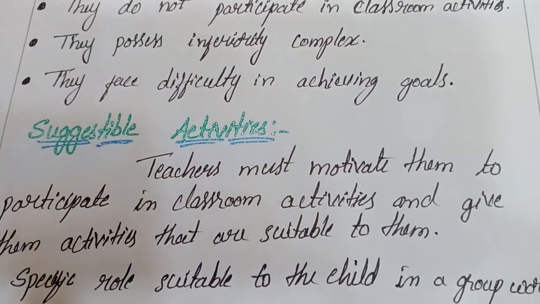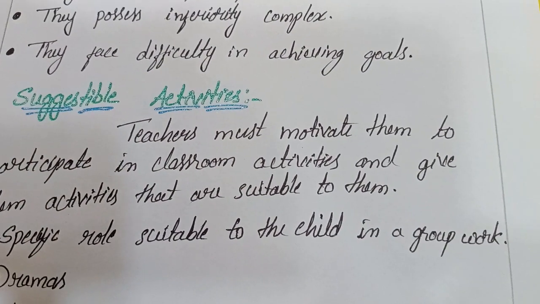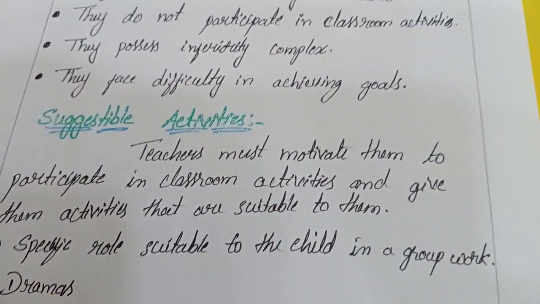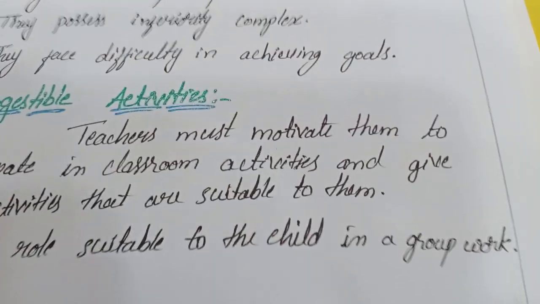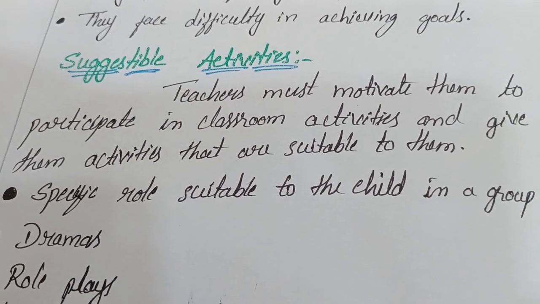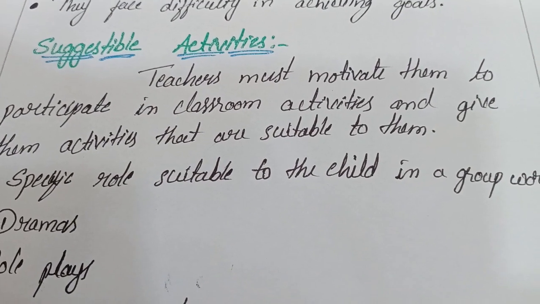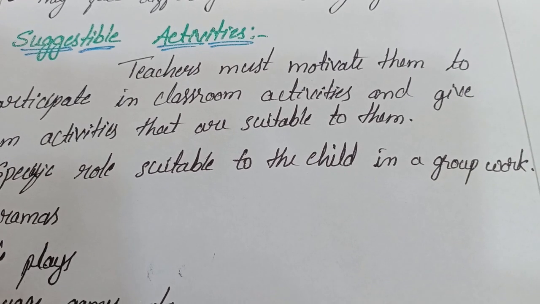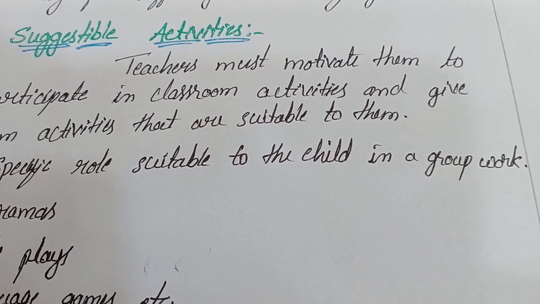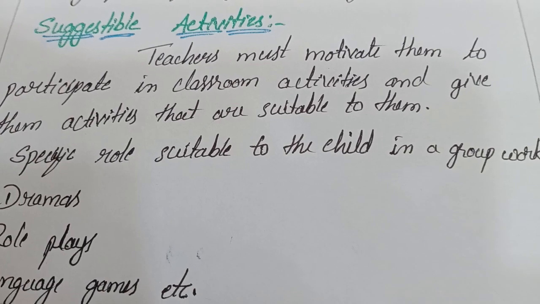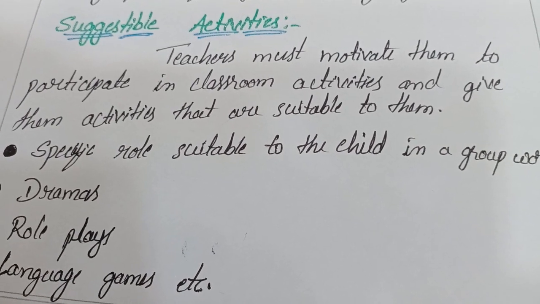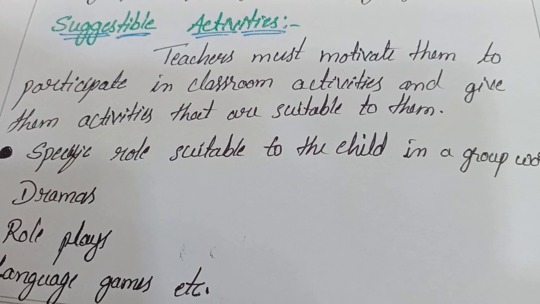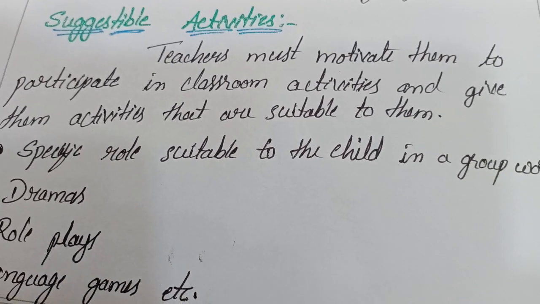What are the suggested activities they have to do in the class? First, the teacher has to motivate them to participate in the classroom activities. The teacher has to encourage them, and give them activities that are suitable for them.